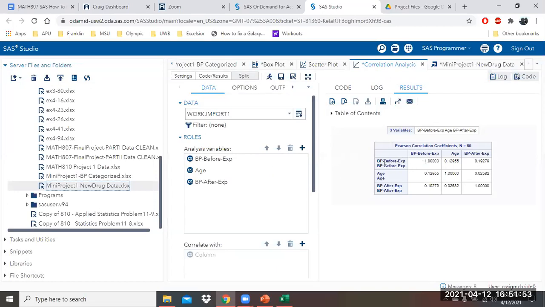Then the correlation between BP before and age is 0.12, and then BP before and BP after, right? And then age and before, age and after. You obviously get the same things written over and over again, but it's just a quick way to get a table of all of them. So now you can see how everything correlates to everything else.